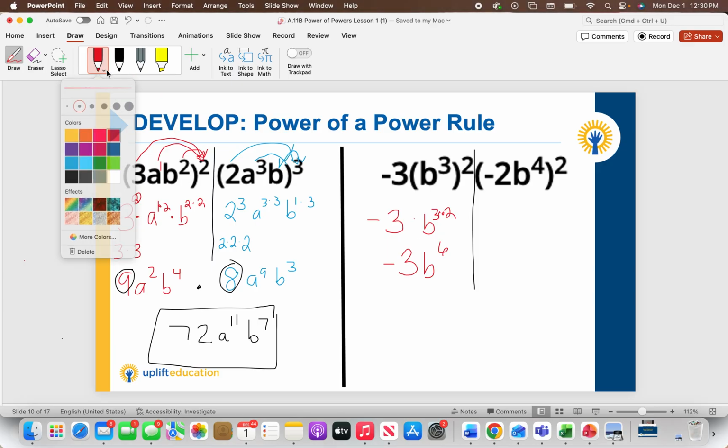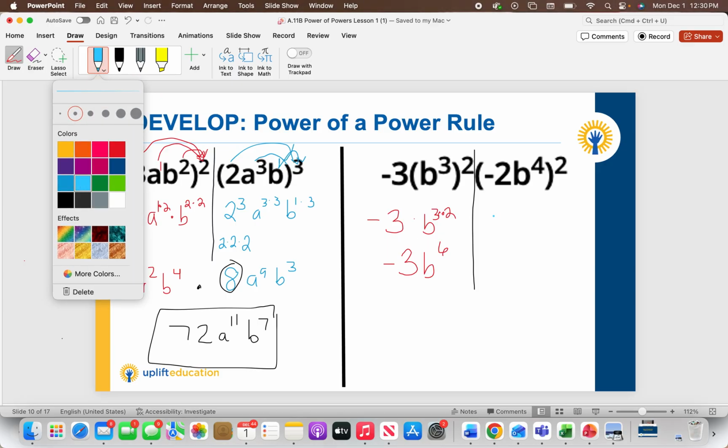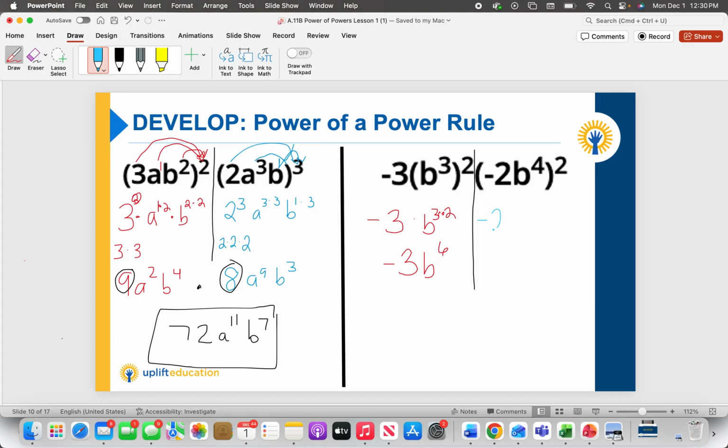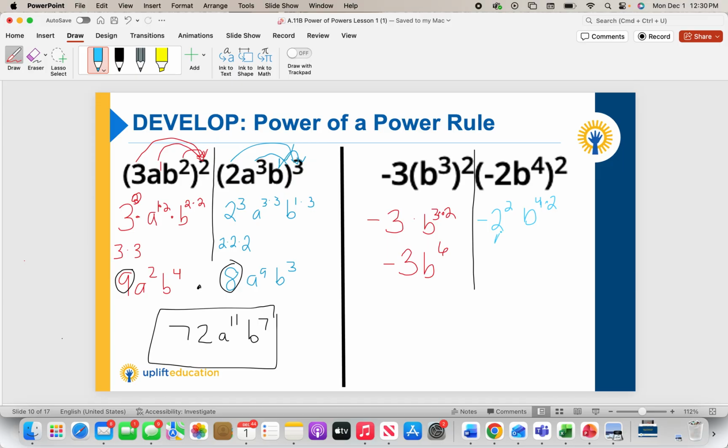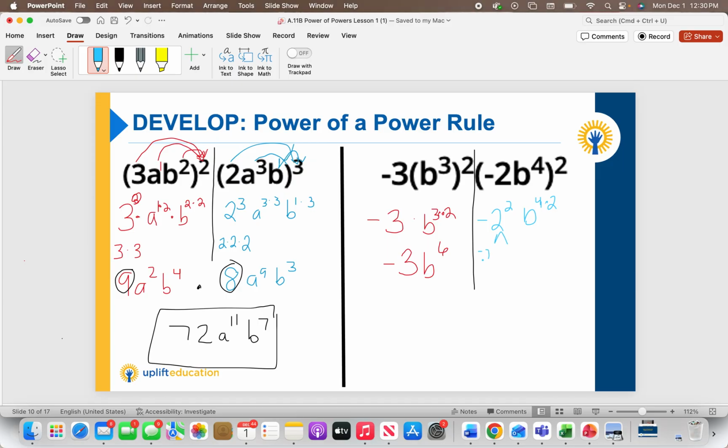Let's do the right side. The right side, we have a negative 2, and it will be squared. And then we'll have a b to the 4 times 2. Okay, so negative 2 squared is the same thing as saying negative 2 times negative 2. And anytime I have a negative and a negative, it's going to give me a positive.